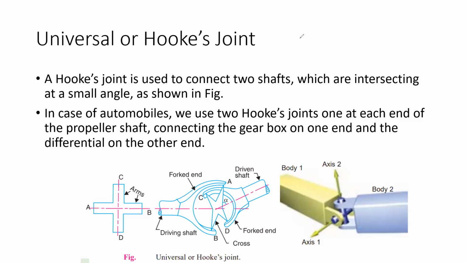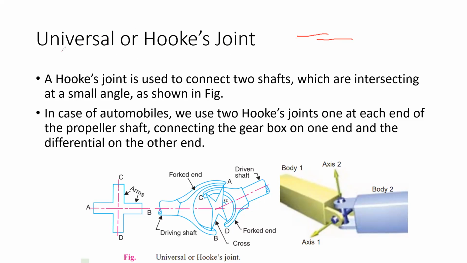It is used to connect two shafts which are parallel and some distance apart. Their axes are not coinciding, not collinear, but some gap is there. So there we use the Oldham's coupling.